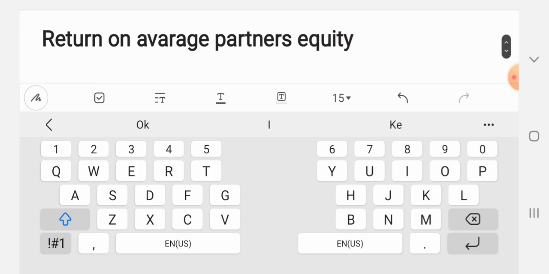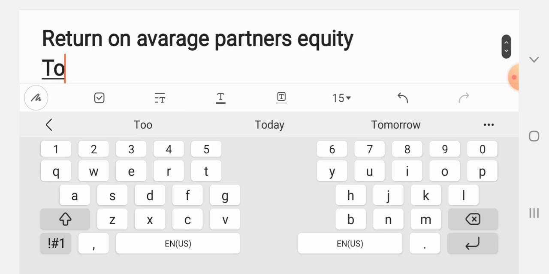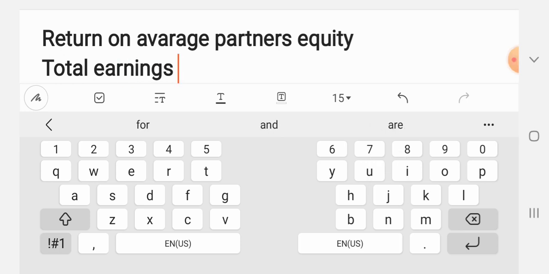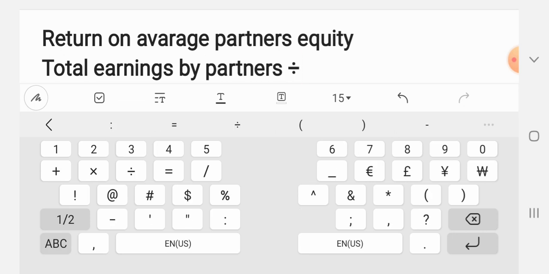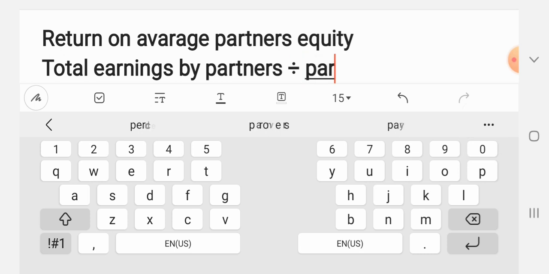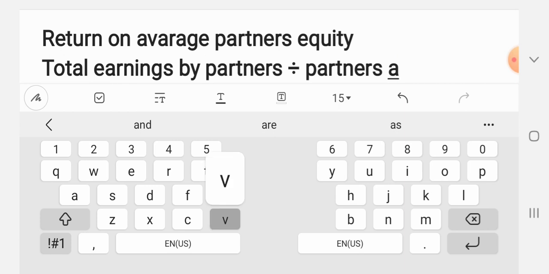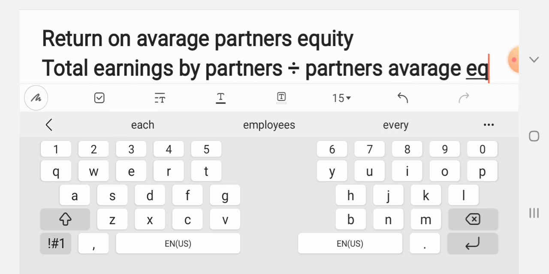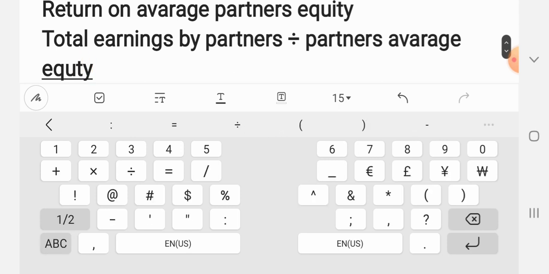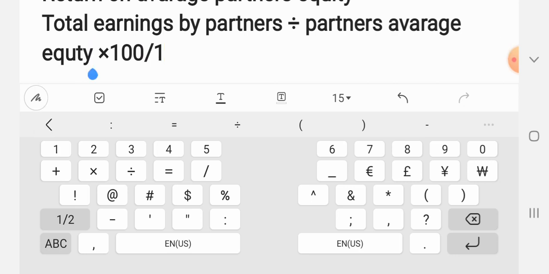We calculate that by saying total earnings by partners divided by partners average equity, and then multiply by 100 over 1.